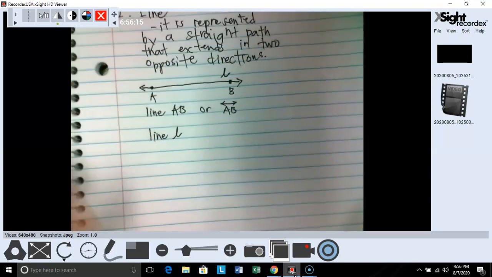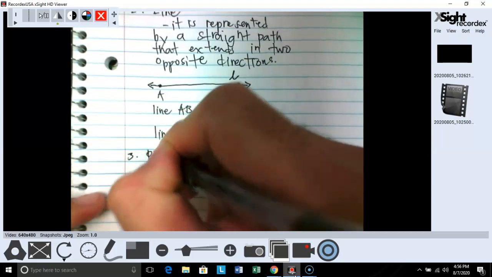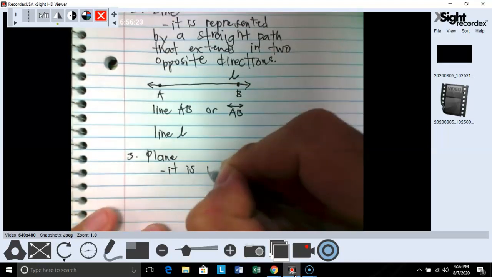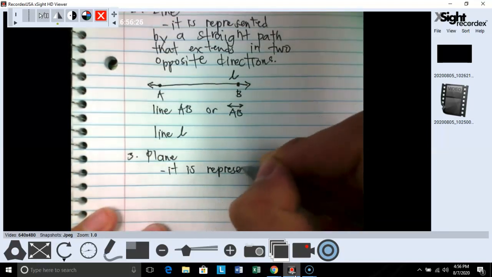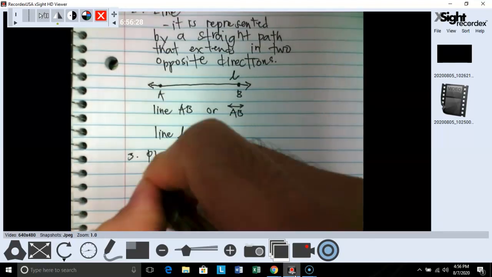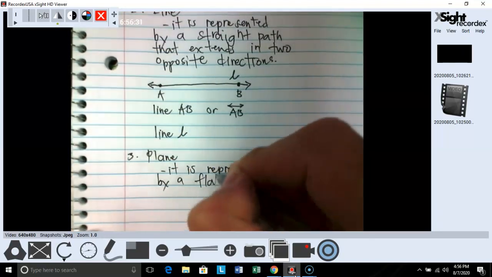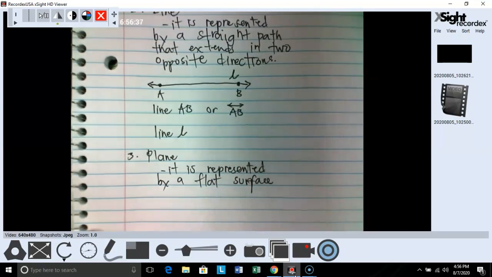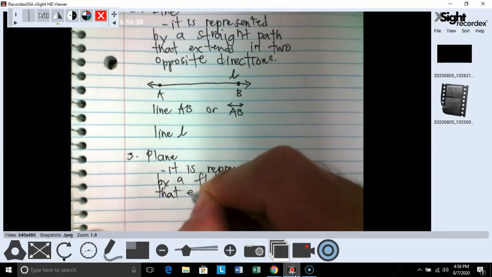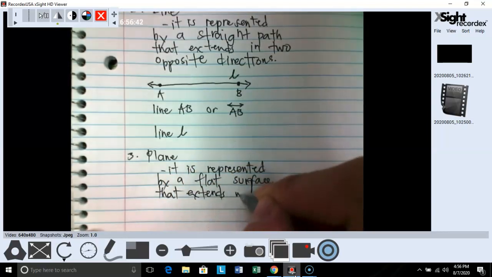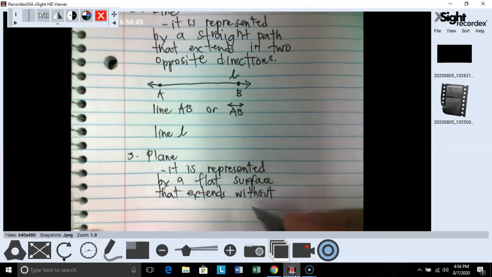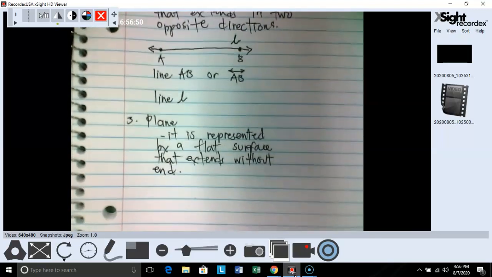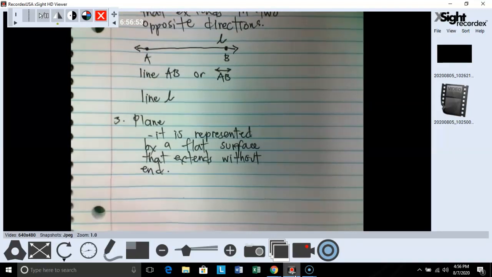Okay. Next, plane. What is a plane? A plane is represented by a flat surface that extends without end. So that's going to be the basics of the plane right there.